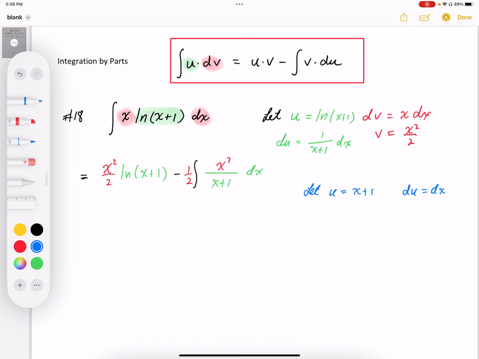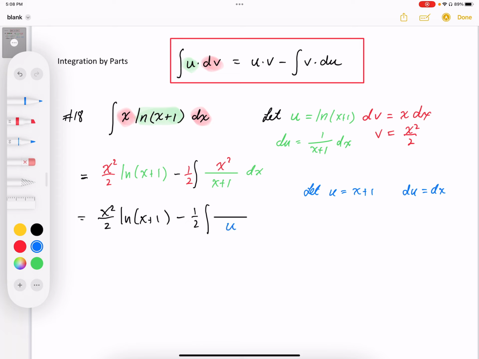Now, what's the advantage of doing this? So let me just write this first part out. We have x squared over 2 log of x plus 1 minus 1/2 integral. Now, the advantage of doing this is when I do the substitution, I now have the monomial term in the denominator.